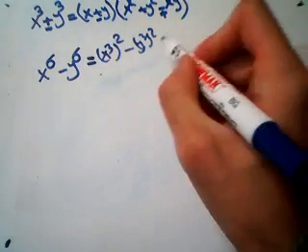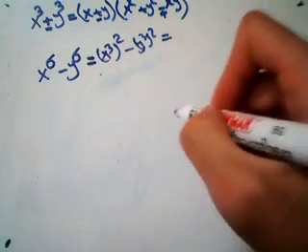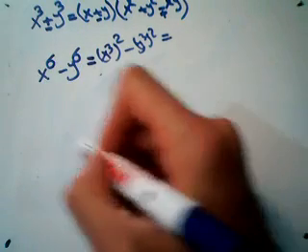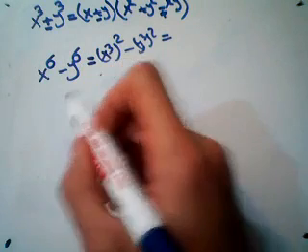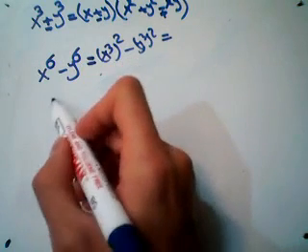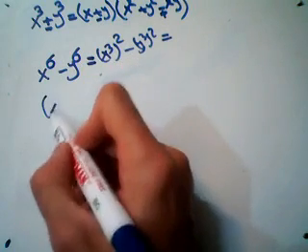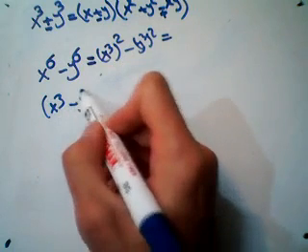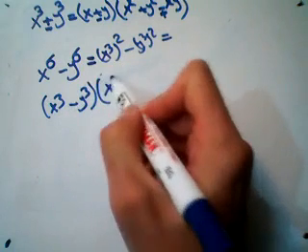According to the difference of squares identity, which I talked about before, this is x cubed minus y cubed times x cubed plus y cubed.